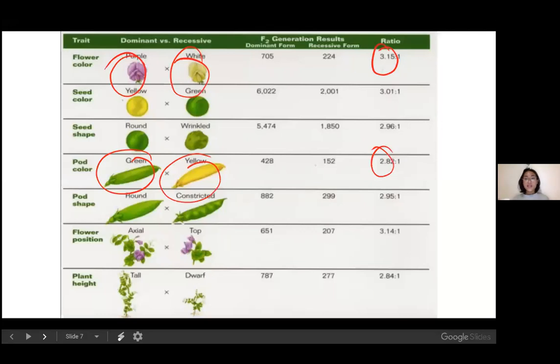And that makes a lot of sense to us right now, but back in the day, it was an amazing discovery. I'm not going to go super specific into how Gregor Mendel figured this out, but he figured it out with the help of something called a Punnett square.